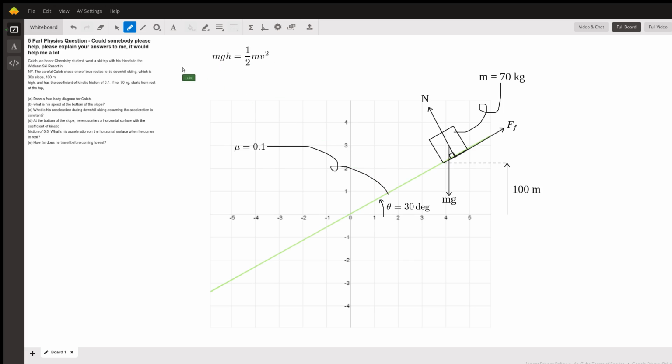Mass is on both sides, so that's irrelevant. Multiply by 2 and square root both sides, and you find out that the speed at the bottom is going to be equal to the square root of twice g times h. I didn't plug those values in ahead of time, but that is what it's going to end up being by the time he's at the bottom.